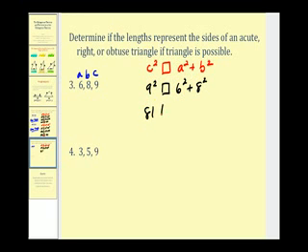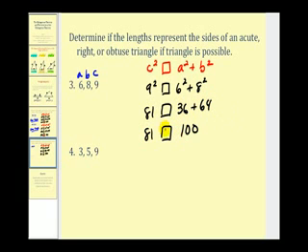So we'll have 81, and on the right side, 36 plus 64, that's 100. So now we have c squared is less than a squared plus b squared, which means we have an acute triangle. All angles of this triangle will be less than 90 degrees.